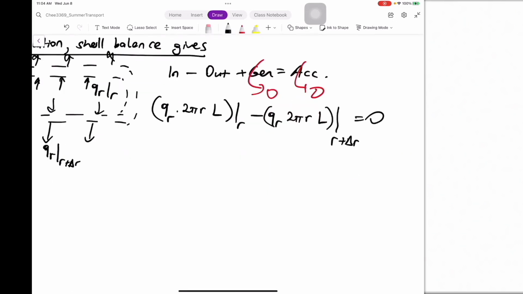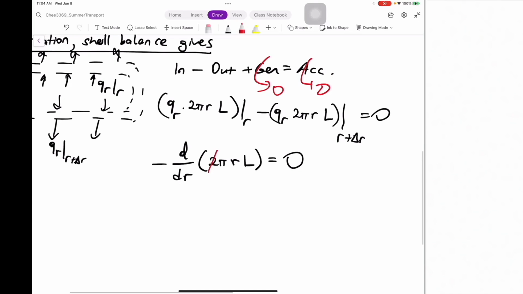And you find the following: d over dr of QR times 2 pi r L is equal to 0. Since 2 pi and L are constant, you can divide both sides by these numbers, and you get d over dr of QR times R is equal to 0.